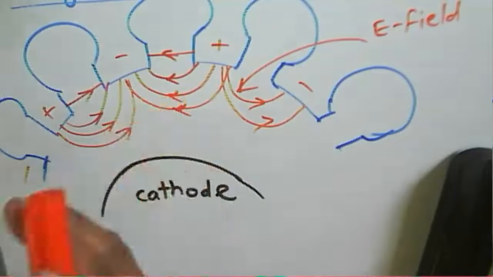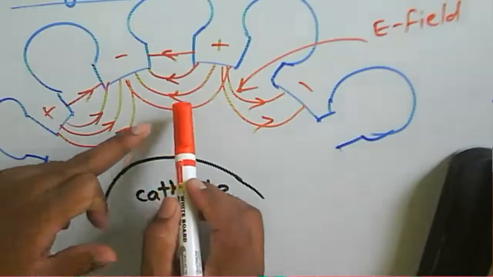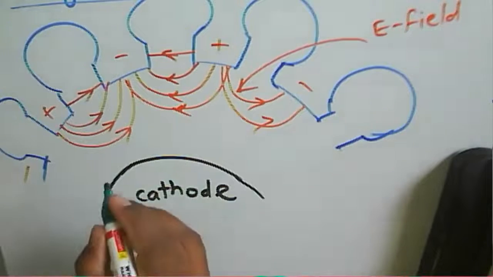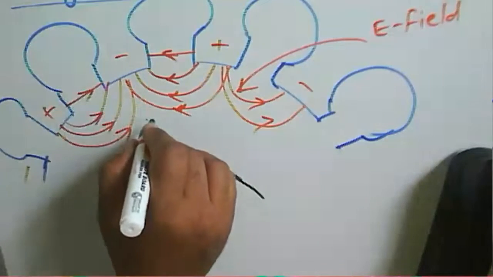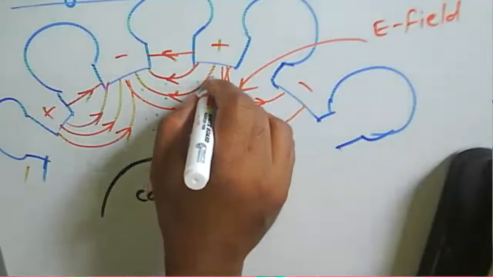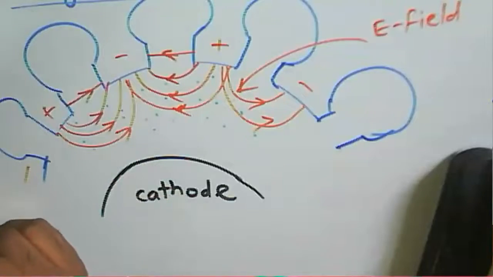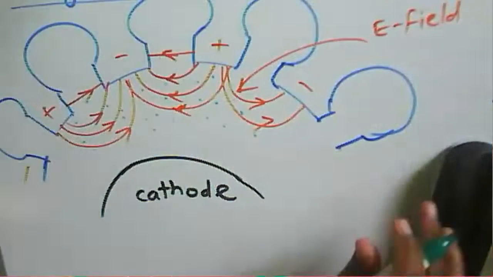That is about the magnetic field exerted on this. Here we have the cathode, and this one is your electric field. What about the magnetic field? The magnetic field will be perpendicular.